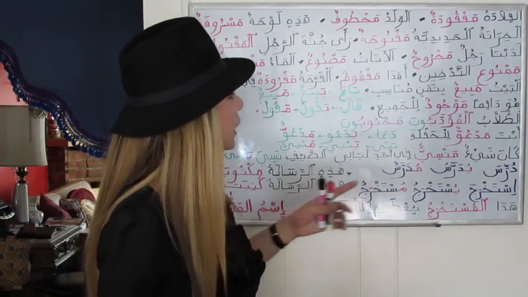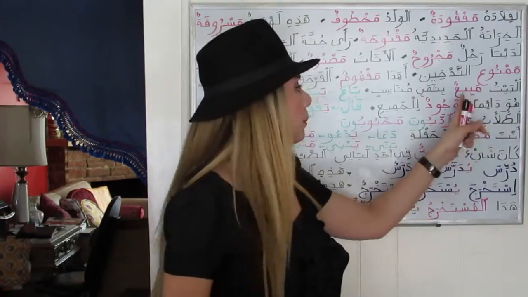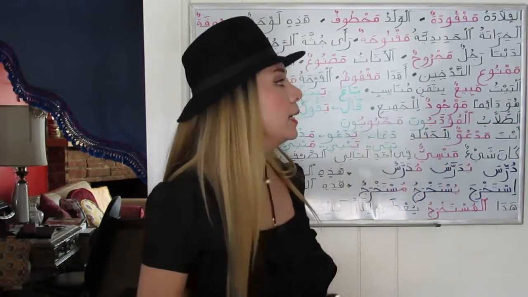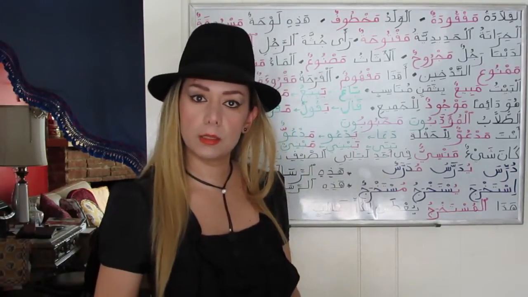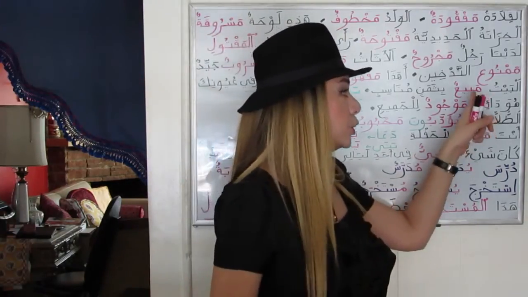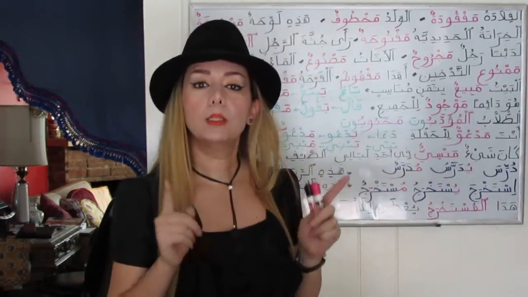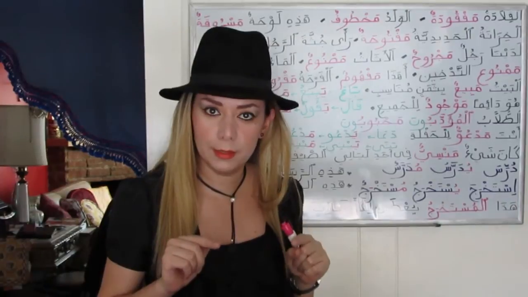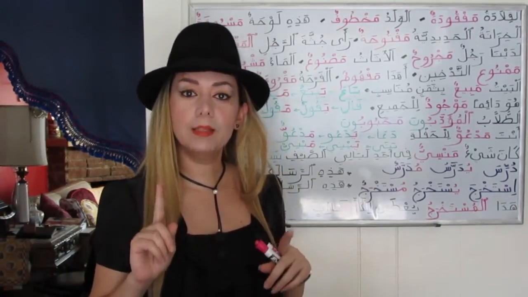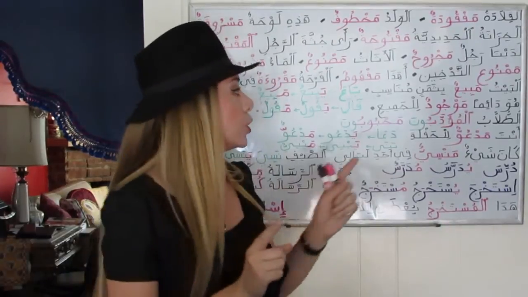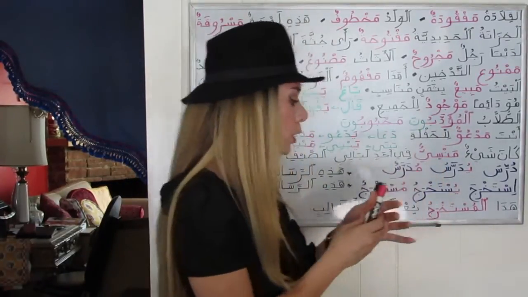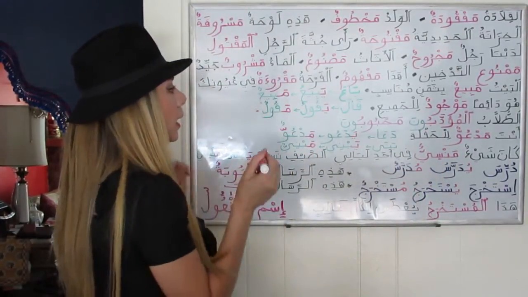Alright? Here, البيت مبيع بثمن مناسب. The house was sold at a good price. Or you can substitute this passive participle with a verb conjugated in the past tense passive voice, because we don't know the doer. So instead of مبيع, we may say بيع.